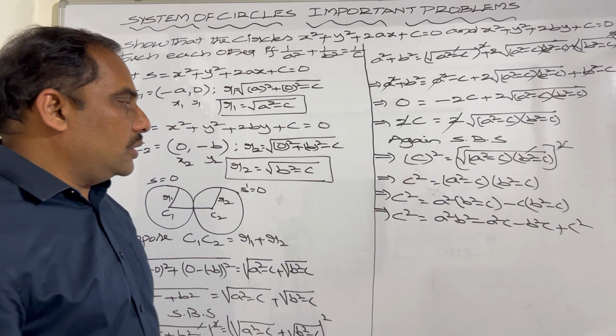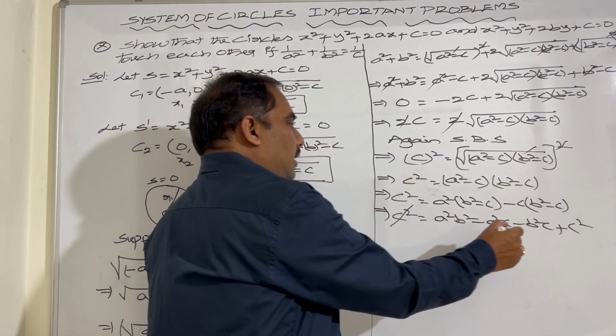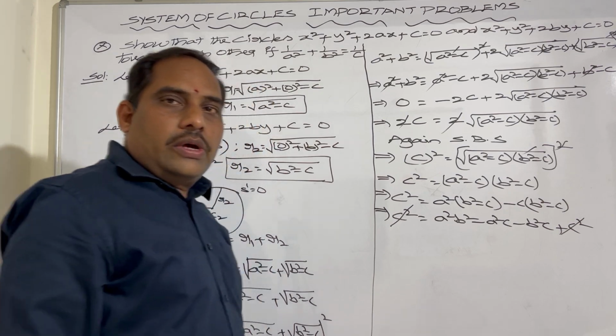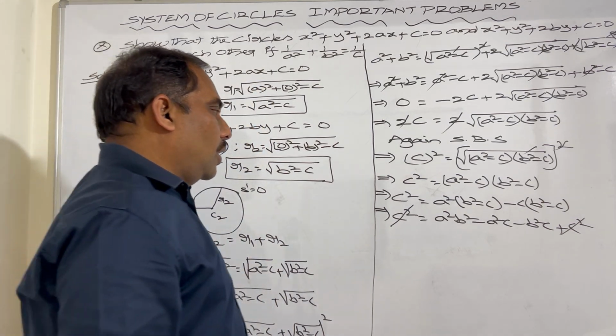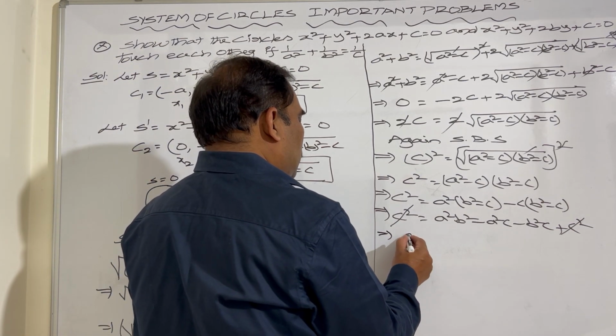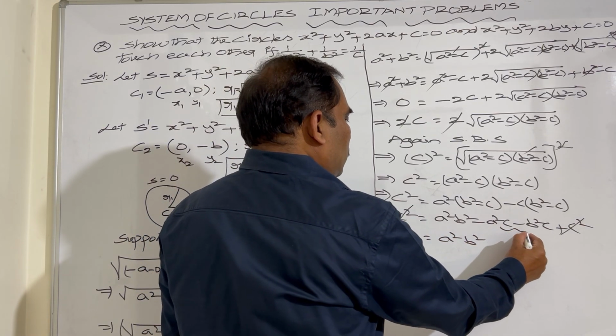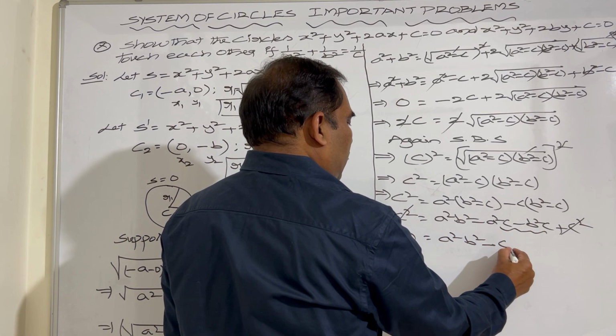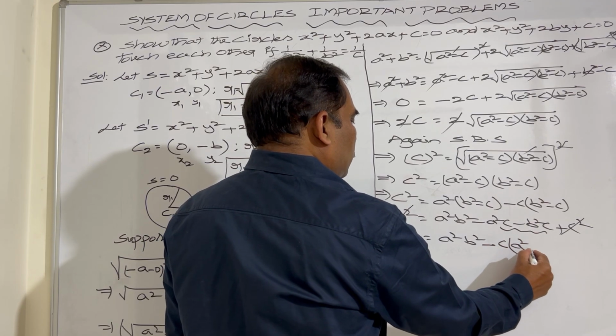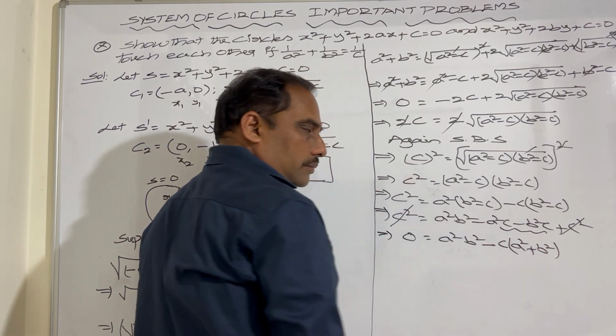square. See, observe here again, on the left hand side and right hand side, c square also gets cancelled. Now we have 0 is equal to a square b square, and in these two if you take minus c common, then we get a square plus b square.